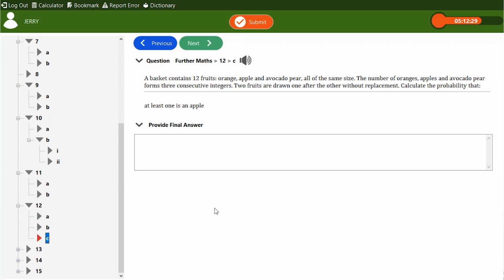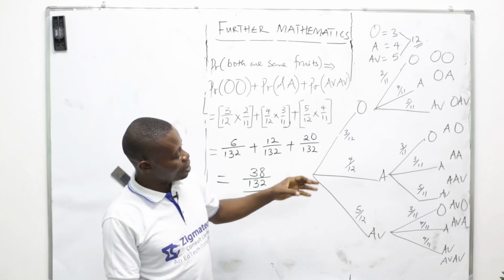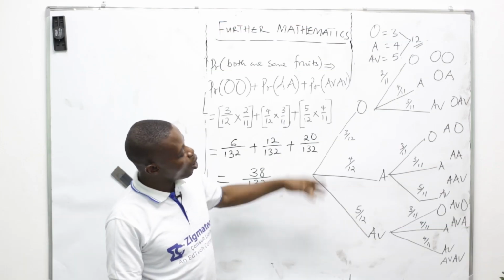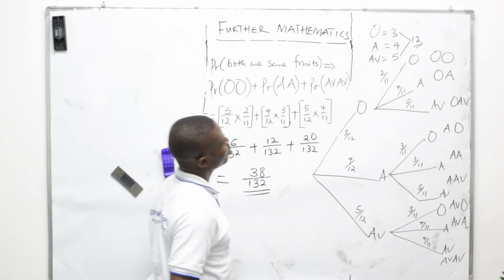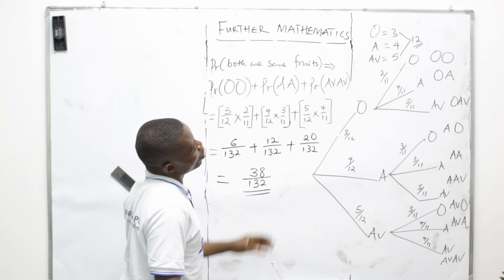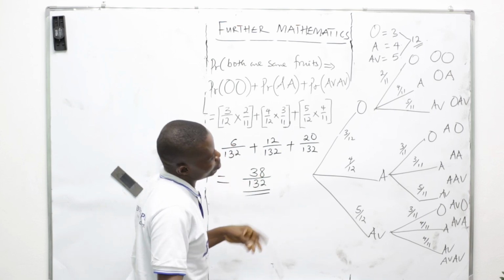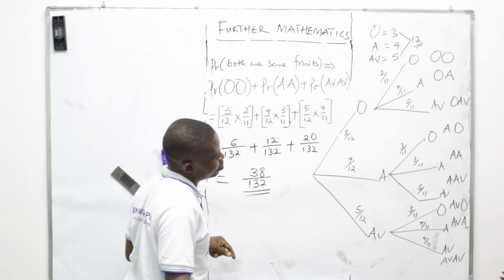At least one is apple. In all the fruits, one particular one is just an apple. It means a touch of apple and all apples. That is, we are going to have probability of OA, that is orange apple, because there is a touch of apple there.